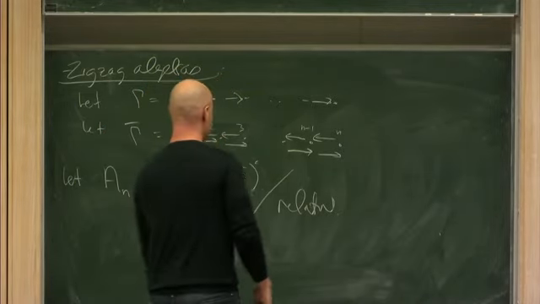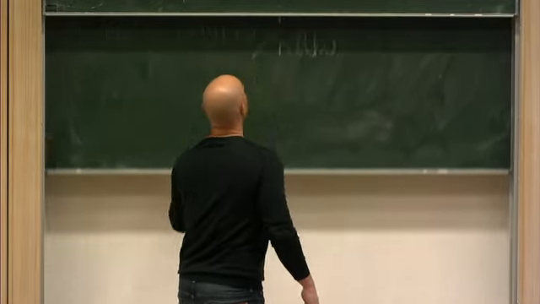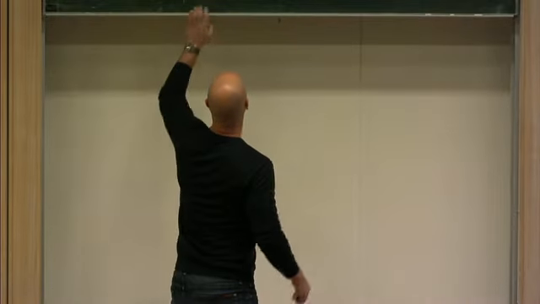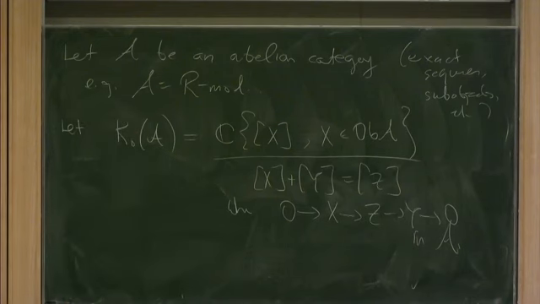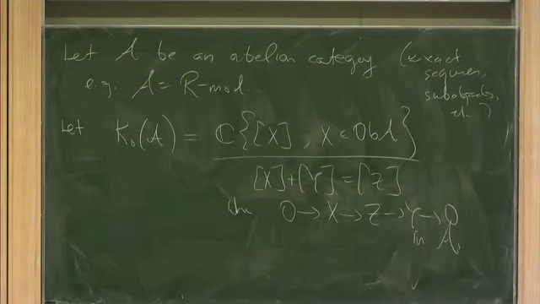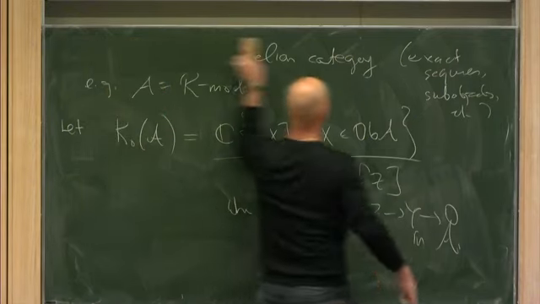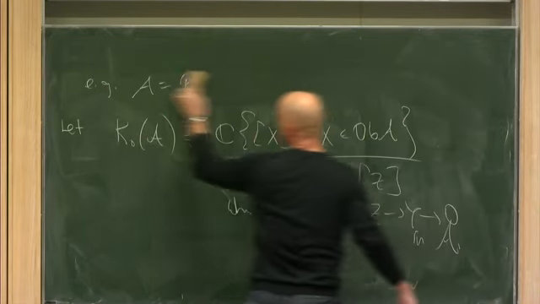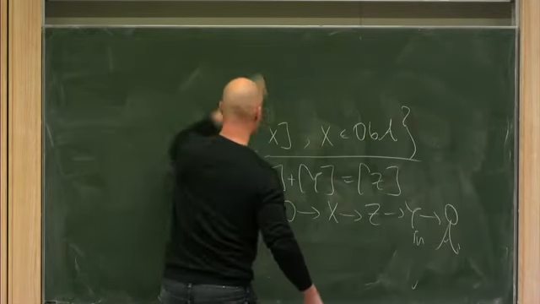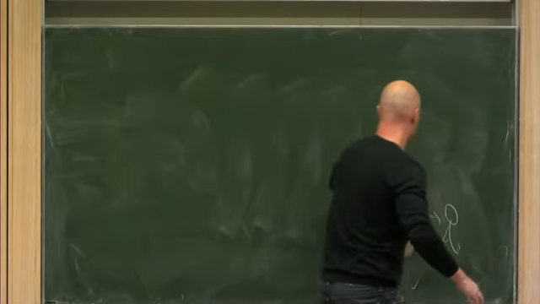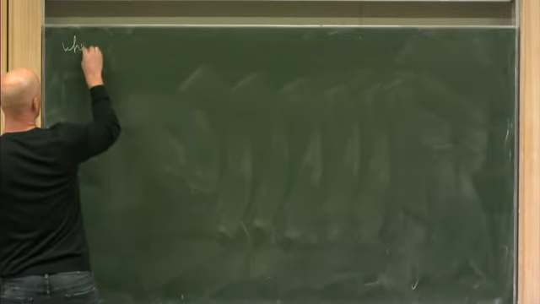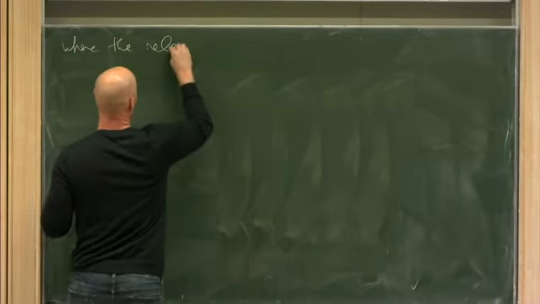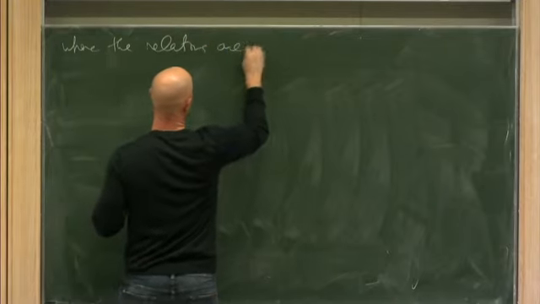Okay, so what are the relations? I'm going to impose enough relations to chop this infinite dimensional algebra down to a finite dimensional algebra. So the relations are as follows.